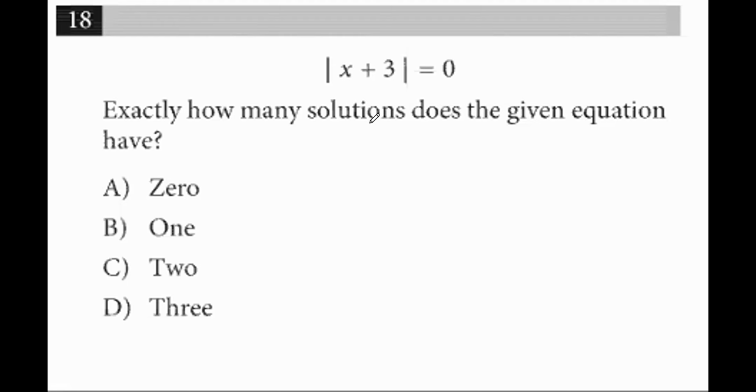So for absolute values, we just take the positive and negative of the answer, but in this case it's 0, so positive 0 and negative 0 is still 0. So we just have x plus 3 is equal to 0, which only has one solution, so the correct answer is B.